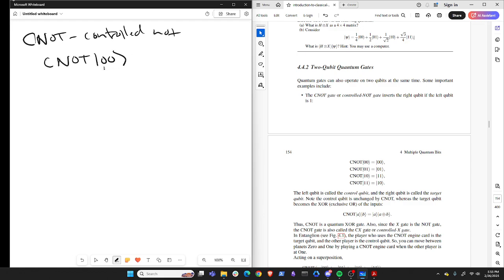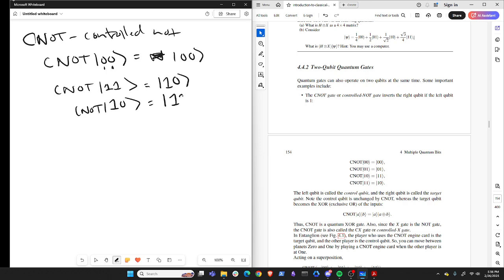So the left qubit is 0, so it does not affect that. So this state passes through the gate and comes out as 0, 0. But if we have, for any case, 1 here in the left, or so let's say 1, 0, then the control qubit flips our target. It activates and flips our target. So we wind up with 1, 0, and 1, 1 for these two states once they pass through the C0 gate.